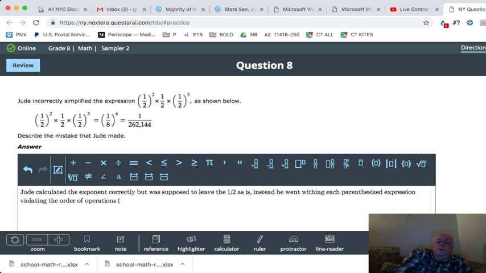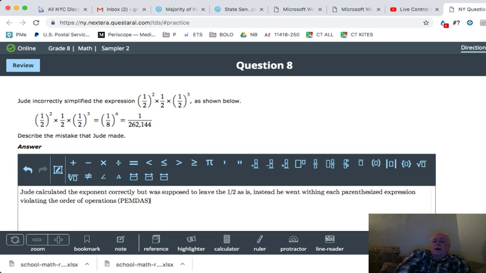PEMDAS is parentheses, exponents, multiplication, division, addition, subtraction. If we're doing exponents first, we don't go inside the parentheses.